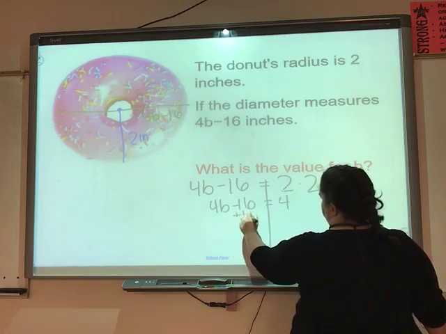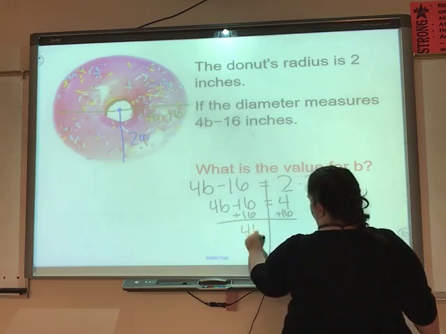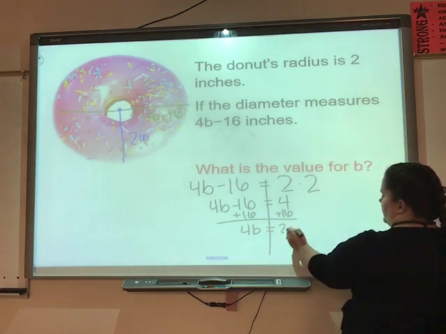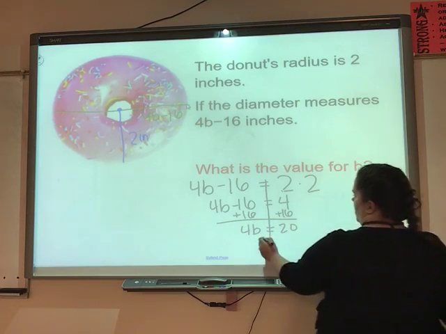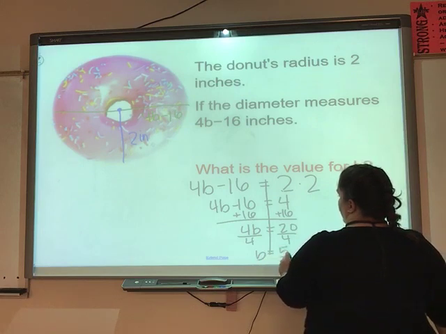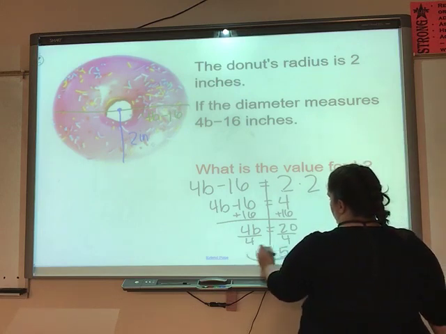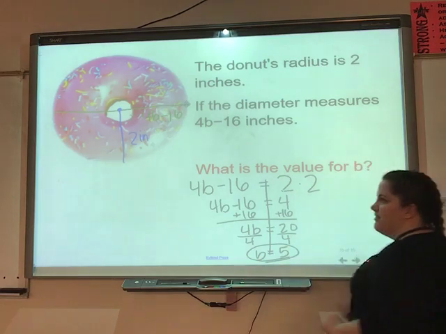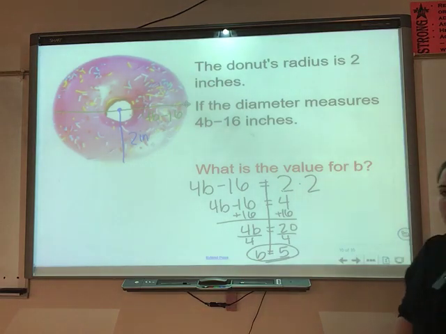I'm going to add 16 to both sides. 4b is equal to 20. Divide by 4 on both sides to finish solving, and b equals 5. And that is how you solve that.